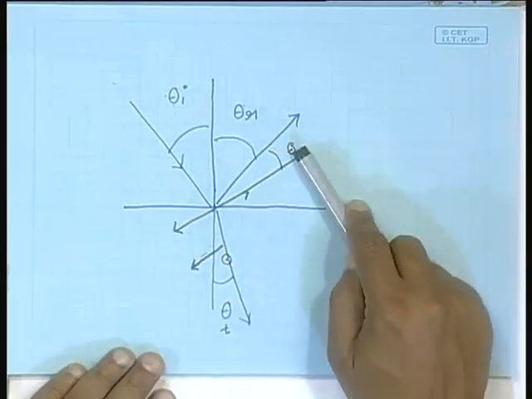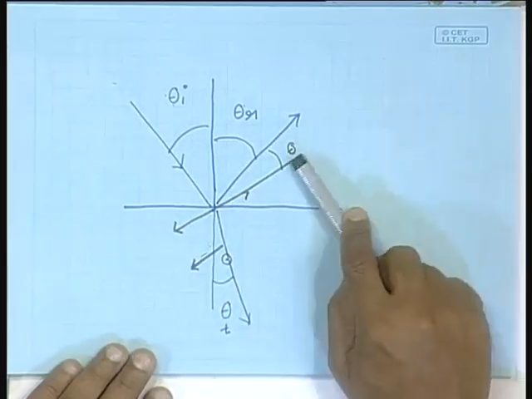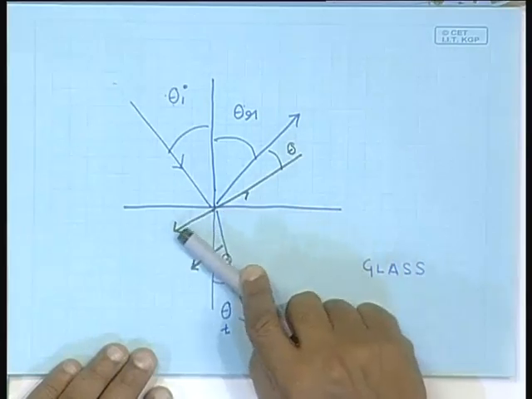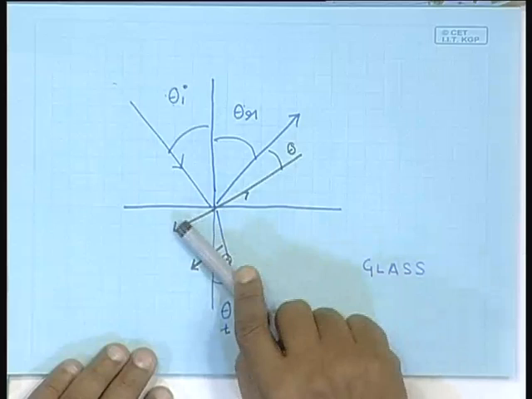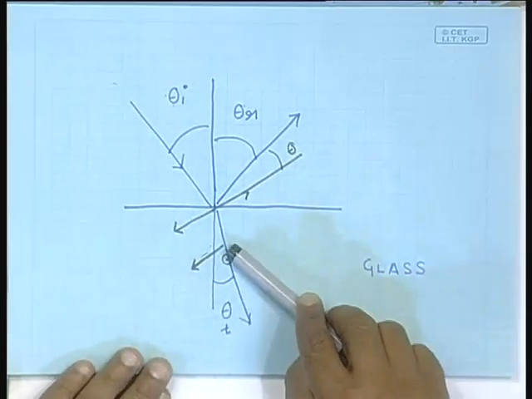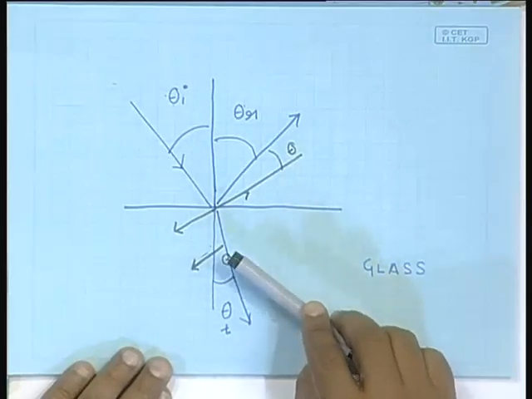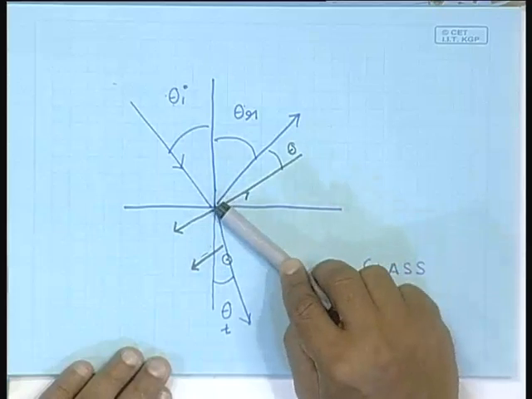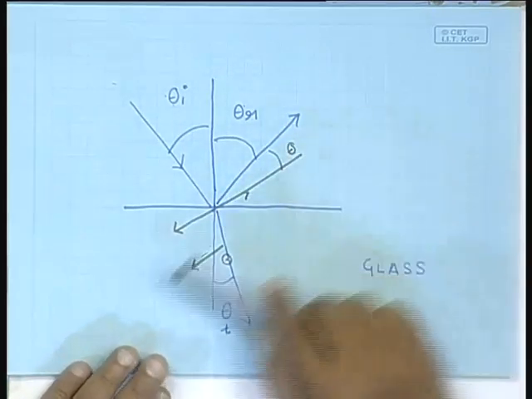So, when the reflected wave is along this direction, when theta is 0, there is going to be no contribution from this oscillating electron. Let us now look at this oscillating electron. This is oscillating perpendicular to the plane of incidence. This oscillating electron is perpendicular to the direction of the reflected wave, and it is going to emit as usual.